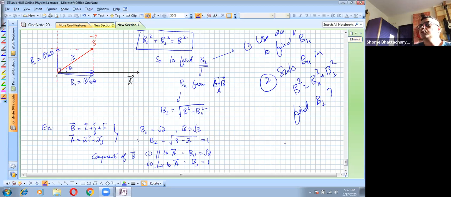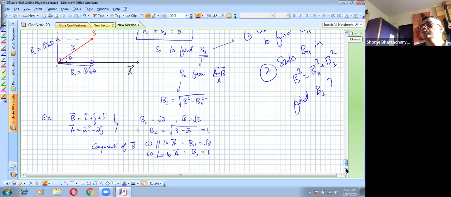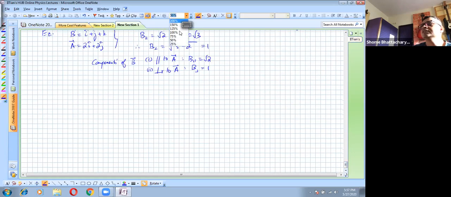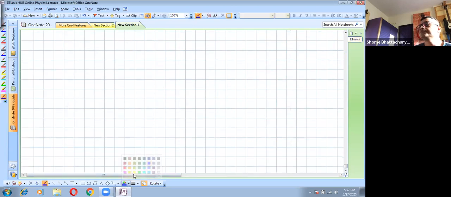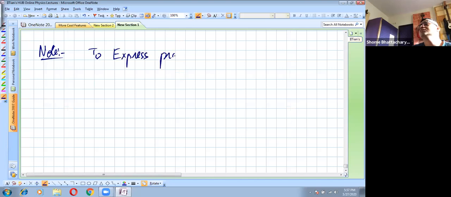Okay. So now the final thing is that sometimes we want to express these projections as vectors, in i cap j cap notation. So the final thing we'll see today is to express the projections that we just discussed in vector form, in component vector notation.